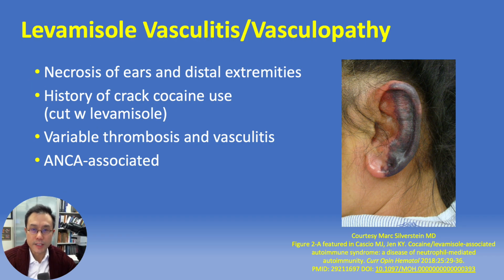The ANCA-associated vasculitis or vasculopathy of levamisole is clinically distinctive with necrosis on the ears and history of crack cocaine use, and the histopathologic spectrum spans that of a non-inflammatory thrombosis to inflammatory vasculitis.